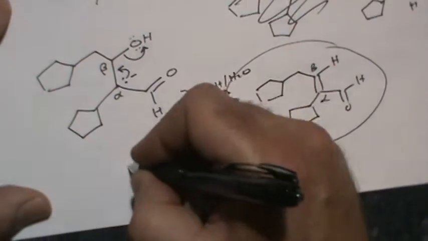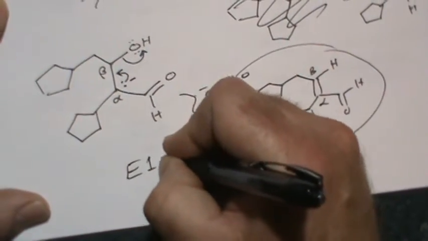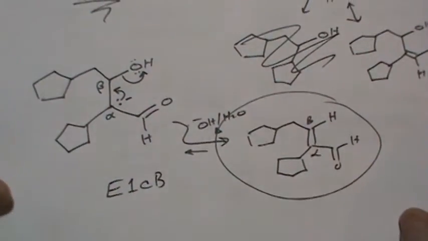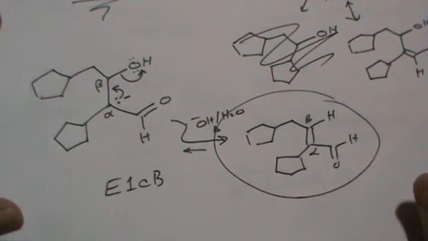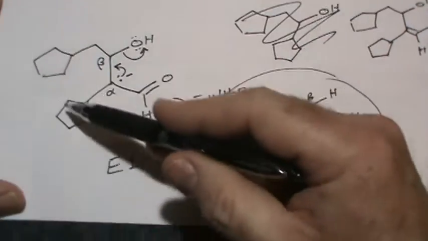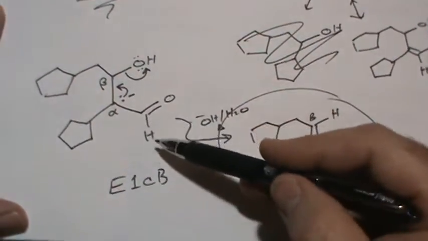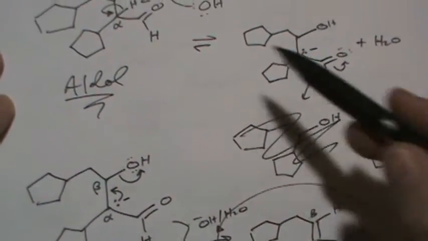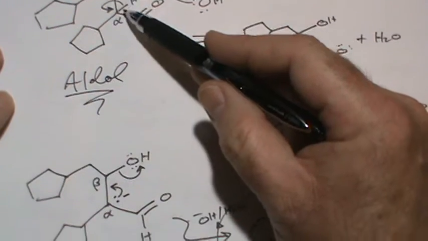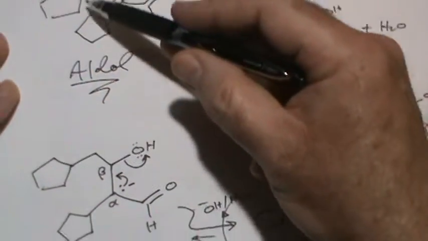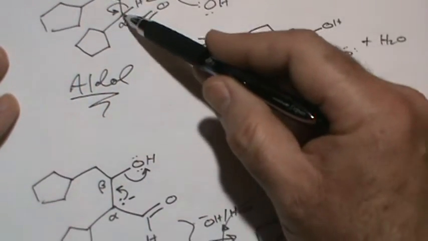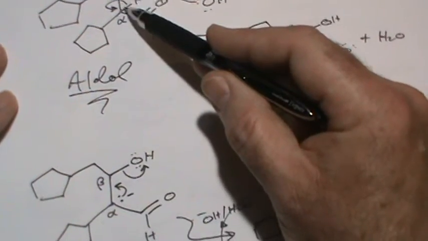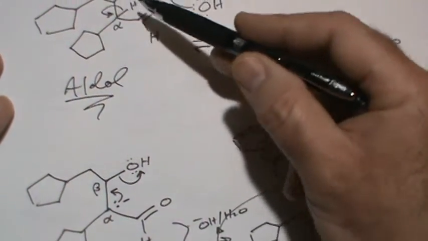Now, why do we call this an E1CB? Call it an E1CB because the reactive species, this enolate, is a conjugate base. How did we make it in the first place? We made it by deprotonating an alpha proton. So this aldol product is the acid, specifically this proton on this carbon-hydrogen bond is the acidic proton.